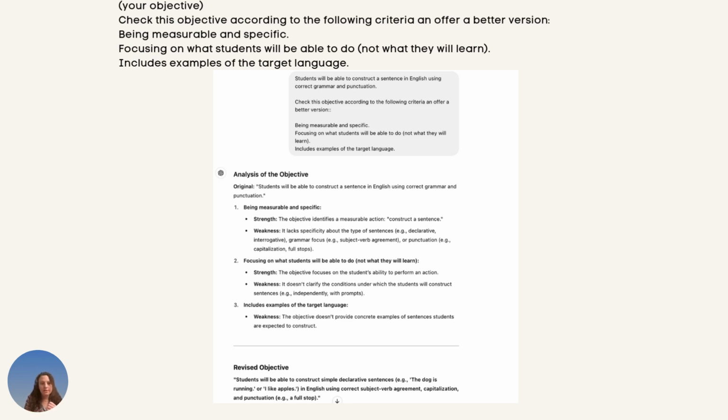Here, as you see, it analyzed the objectives according to the criteria I gave it, and it suggested me a revised one. So you can check the revised one. Maybe you can give some follow-up prompts to have a better one, or you can use it as it is.